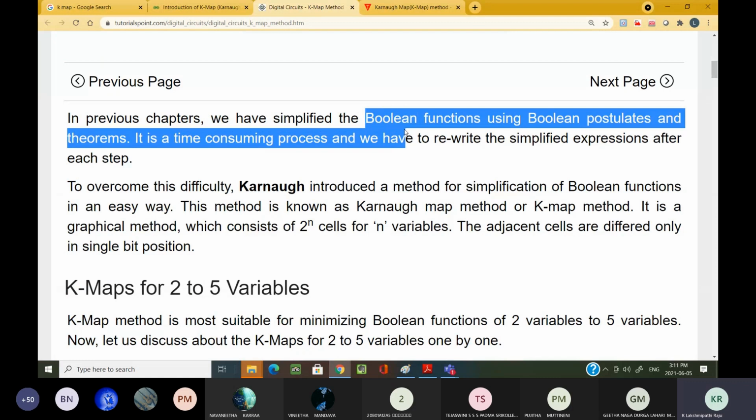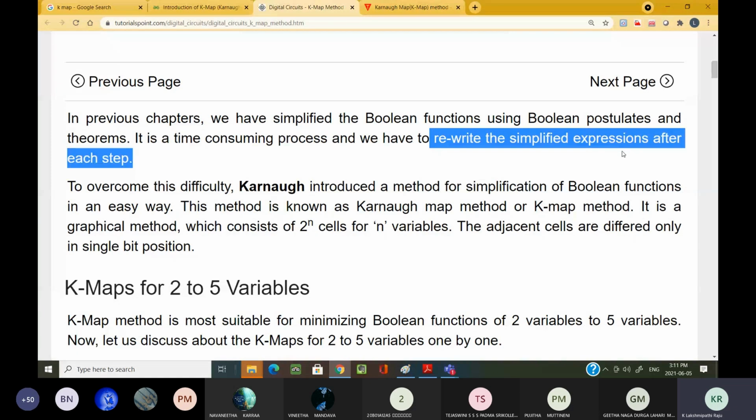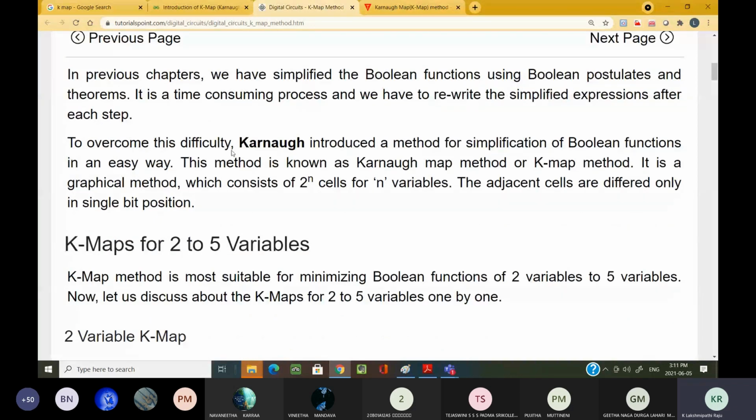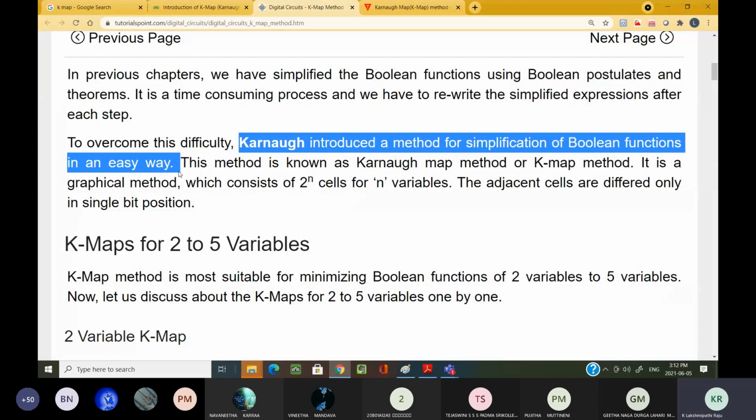We are simplifying our Boolean functions by using Boolean algebra postulates or theorems. It is a time consuming process and we have to rewrite the simplified expression after each and every step. To overcome this difficulty, Karnaugh introduced the map method for simplification of Boolean functions in an easy way.